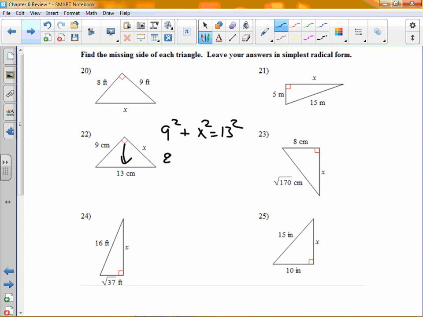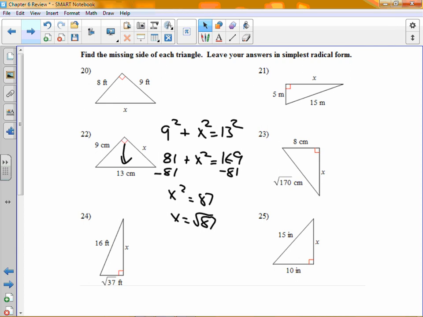So 9 squared is 81 plus x squared equals 169. Subtract 81 from both sides, so x squared equals, what would that be, 87? So x is the square root of 87. Guys, all of those are worked out.